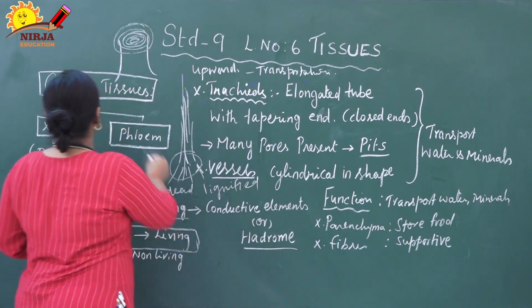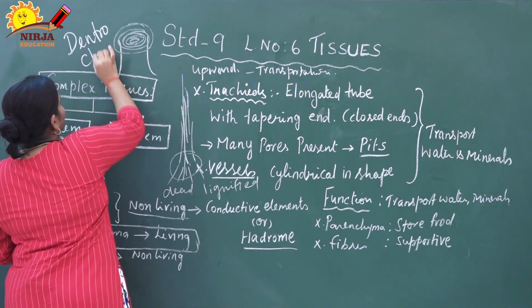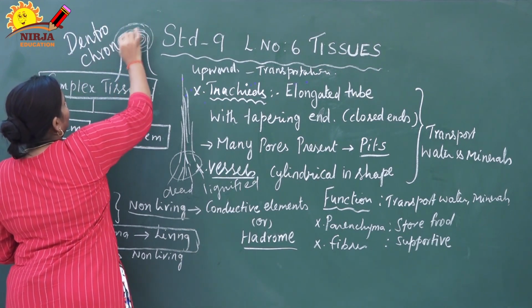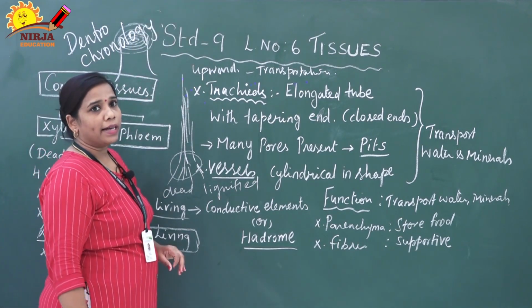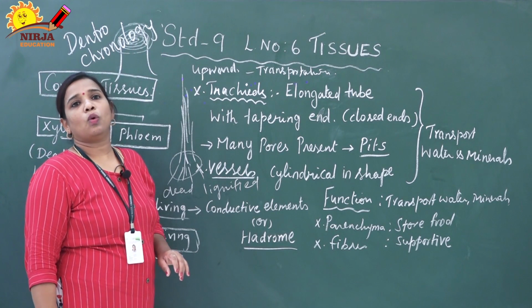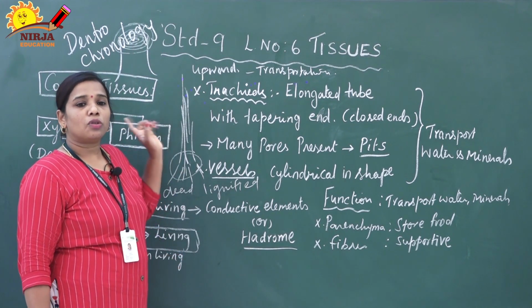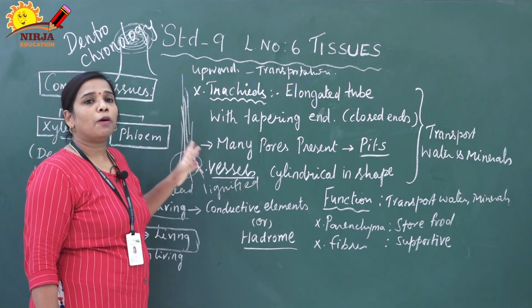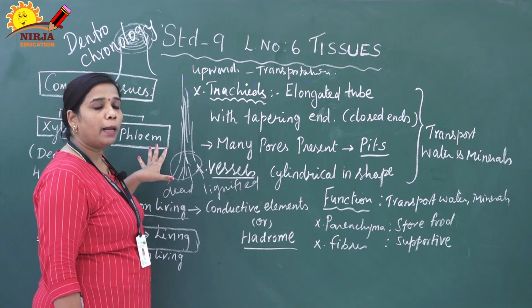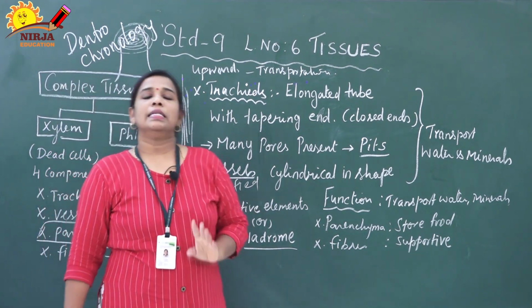What is dendrochronology? Study of the age of the plant. Dendrochronology is the study of annual rings with the help of xylem. So these are the two significances of xylem.